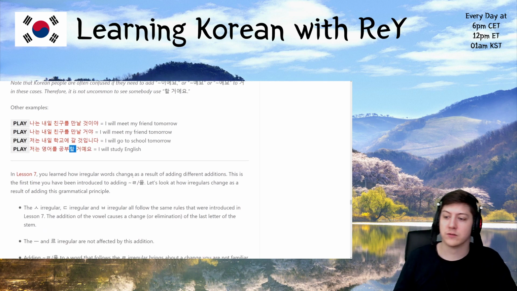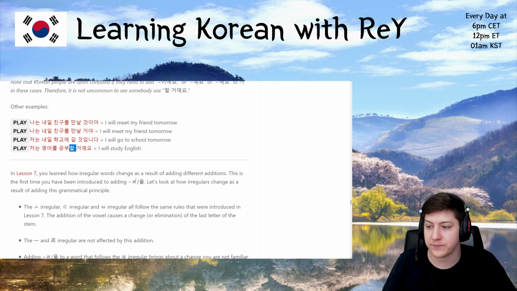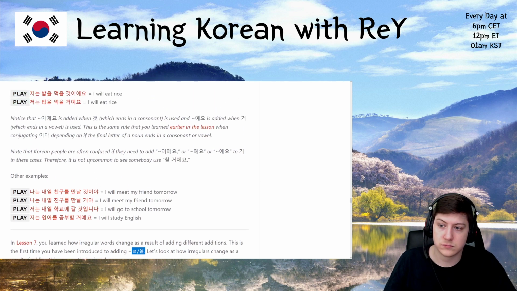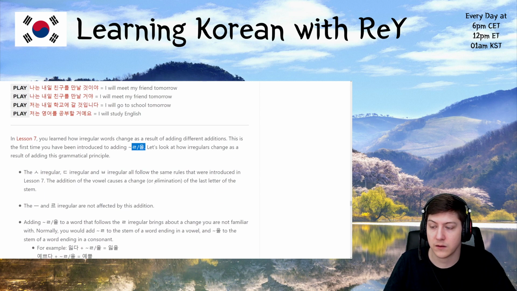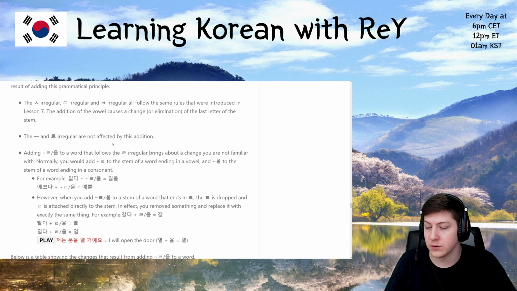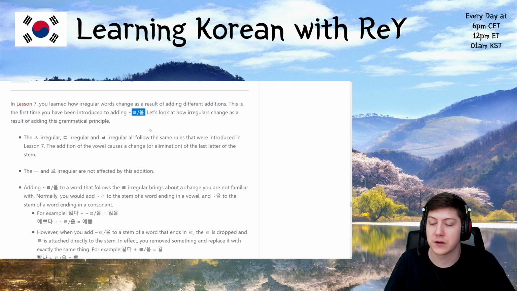And then we also learned that, yeah, okay, so you're adding an R to the stem of the verb. That can also change, or you can also use irregulars with that. So let's see.